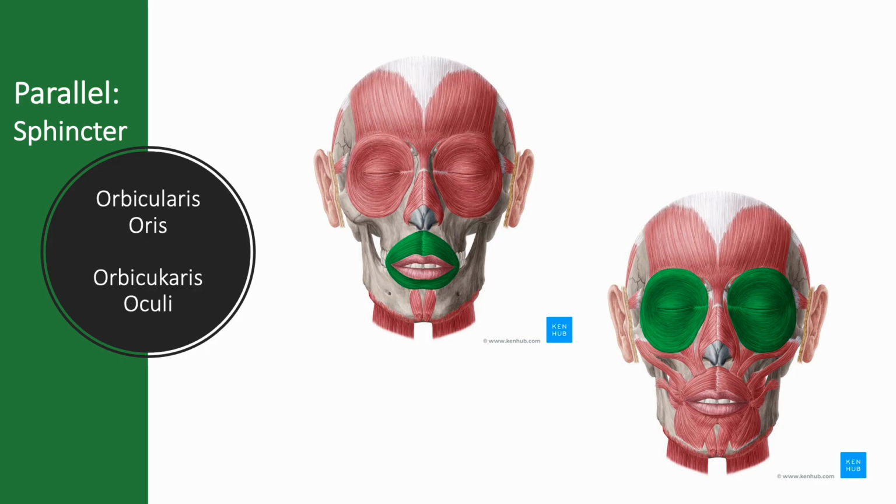It helps handle squinting and blinking. And with the orbicularis oris around the mouth, think oral. It's often called the kissing muscle or the pursing muscle.